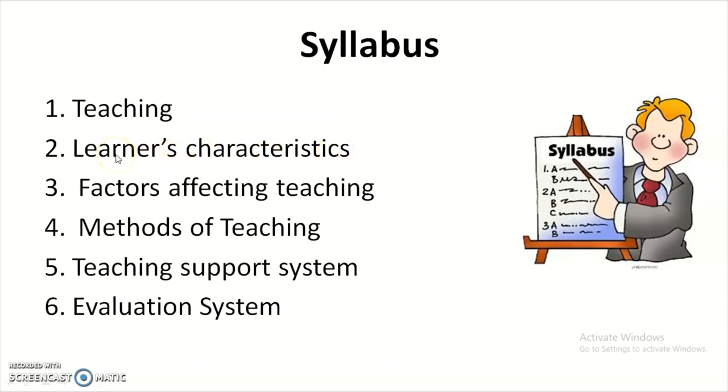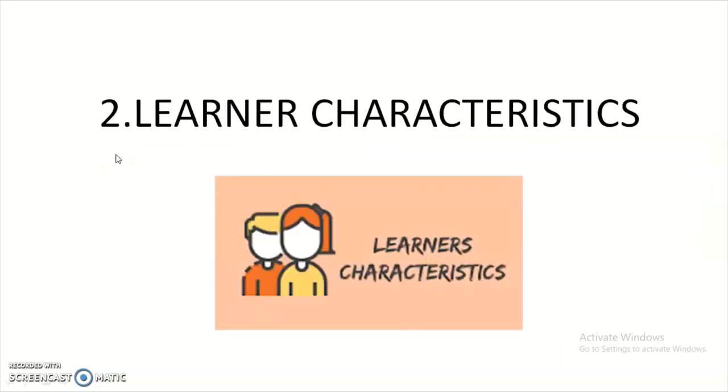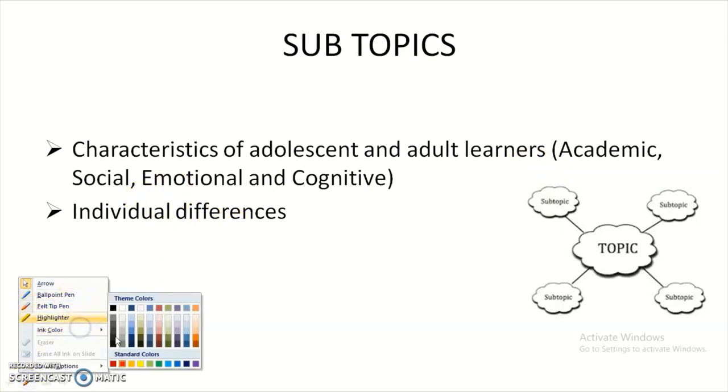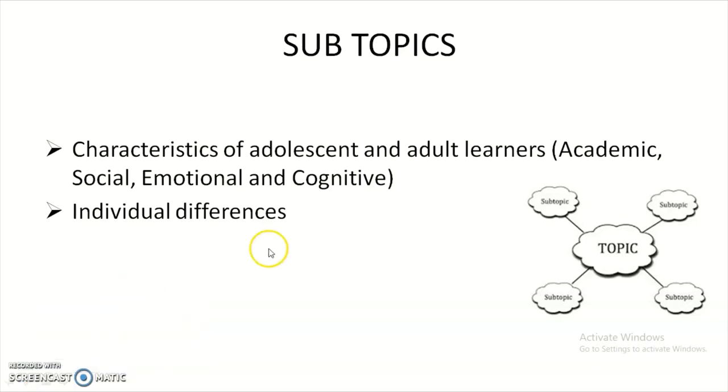That is the second topic of the first unit, learner characteristics. As per the UGC syllabus, the subtopics of learner characteristics are characteristics of adolescent and adult learners, and individual differences. Both of these concepts are given as per the UGC syllabus.